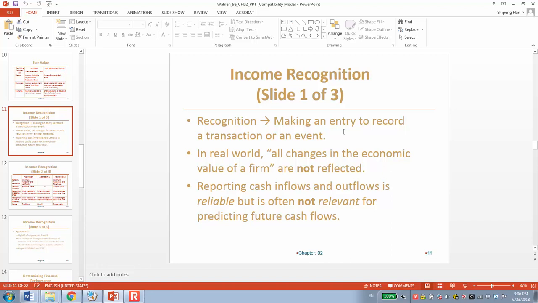It's just recording the historical cash flows. To predict future cash flow, the income statement is more important. Actually, the statement of cash flow is good to assess the financial risk of the business.